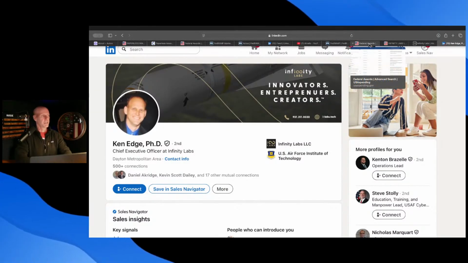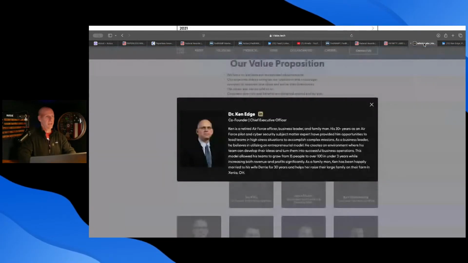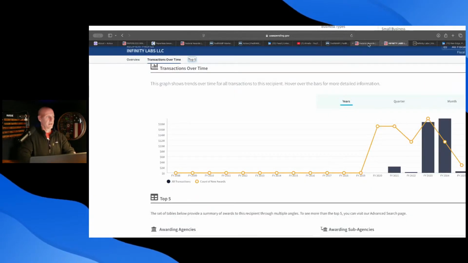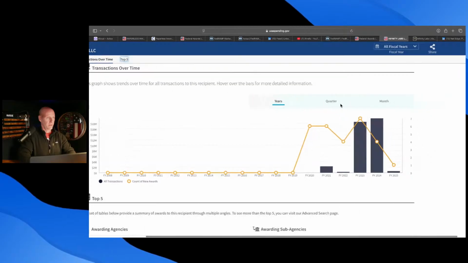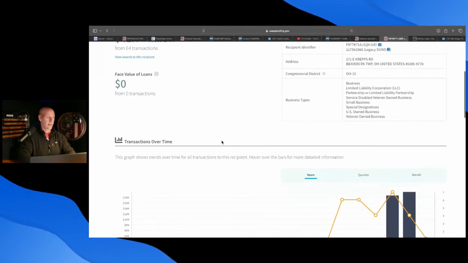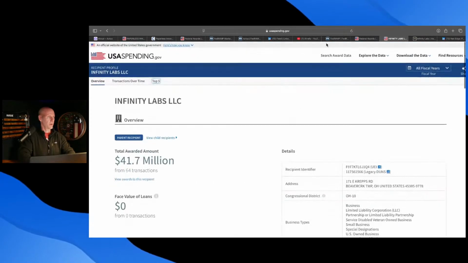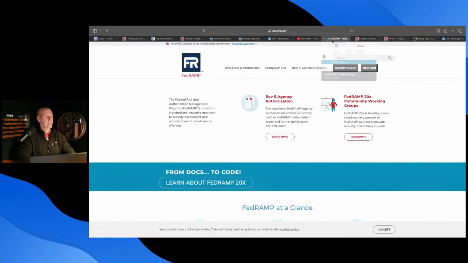One thing I will do in addition is go and look at their website. We already took a look at their spending, and not their spending, but $41.7 million already won in a short amount of time from FY21 to 25 with huge spikes in 23 and 24. With something like this, I usually go and check out FedRAMP also.